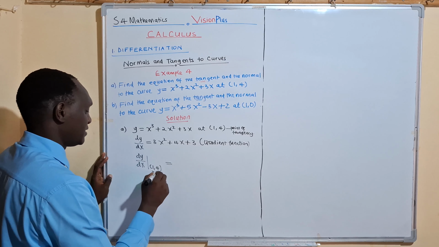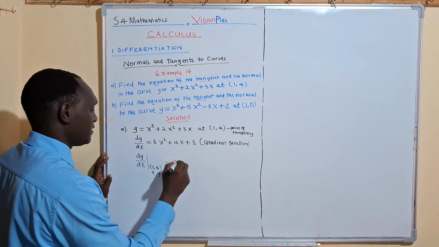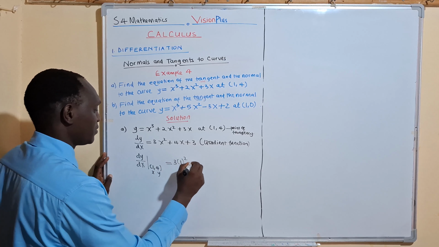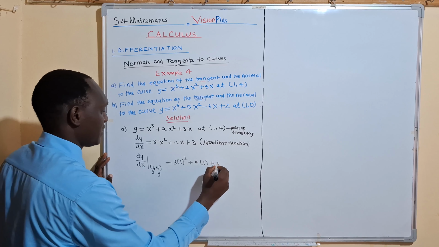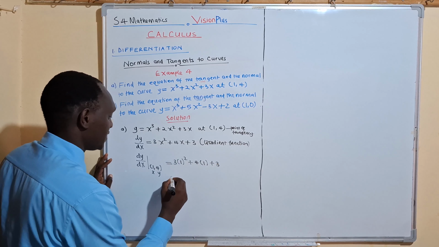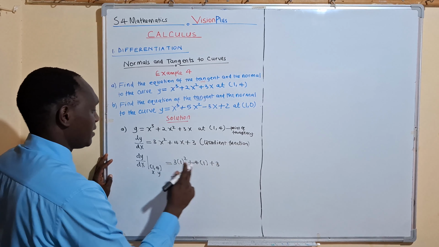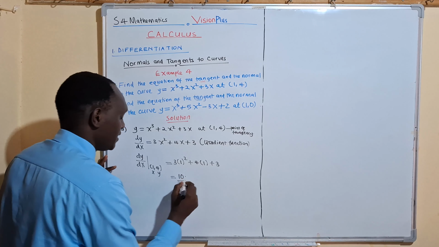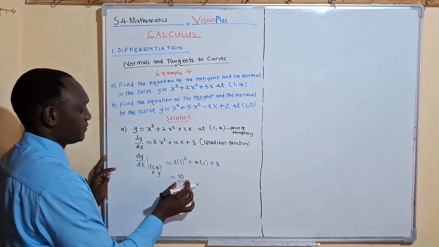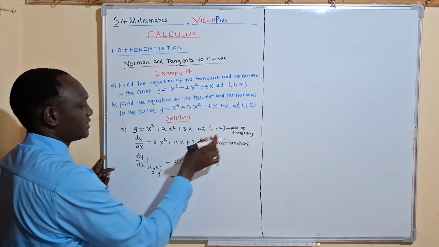This is x, this is y. That means we shall have 3 times 1 squared plus 4 times 1 plus 3. That gives us 3 plus 4 plus 3. This gives us 10. So this is the gradient of the curve at the point of tangency.